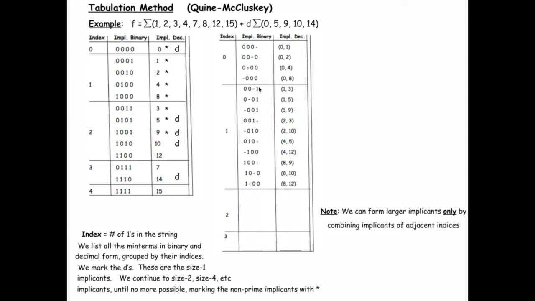And notice that as we keep writing down the binary form of these implicants, for example, let's look at 1 and 5. For both 1 and 5, we need 0 on the right, then 1, 0 on the left, 1 on the right, 0 and 0 second from the right.